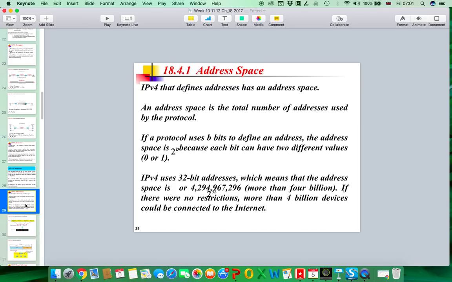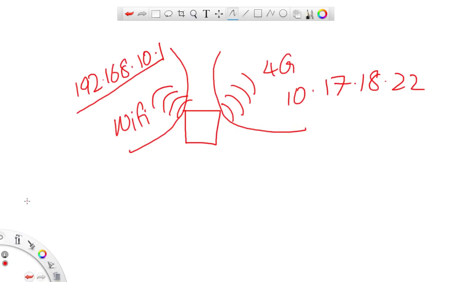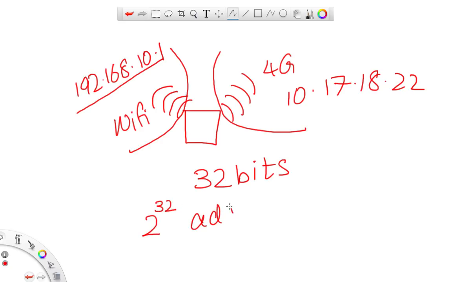Now we're looking at the address space. For the address space of IPv4, how many bits did we say the IP address had? 32 bits, right? So how many addresses could we have based on these 32 bits? We can have 2 to the power 32 IP addresses.